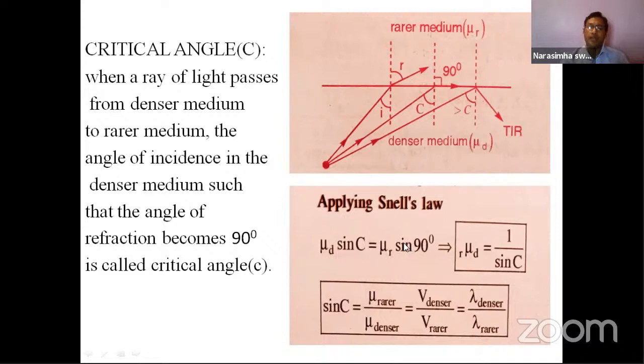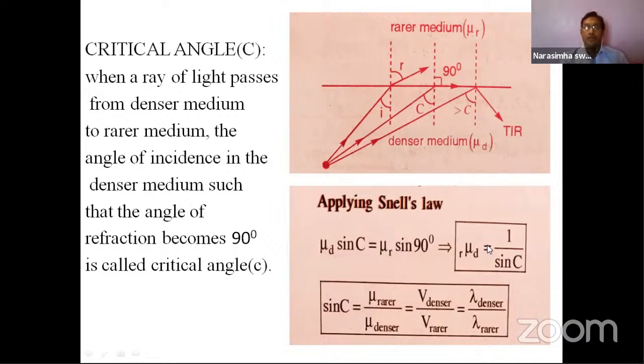multiplied with sine of the angle of refraction, which is 90 degrees. Originally, what was the equation? mu1 sine i equals mu2 sine r. So sine i is C and sine r is sine 90 degrees, mu1 is the denser medium and mu2 is the rarer medium.